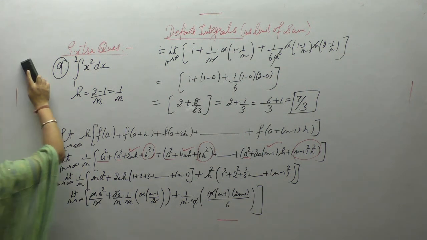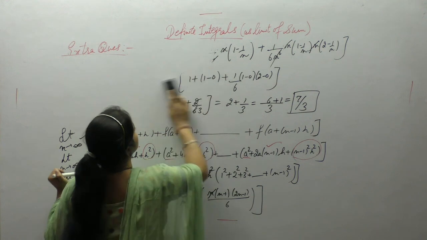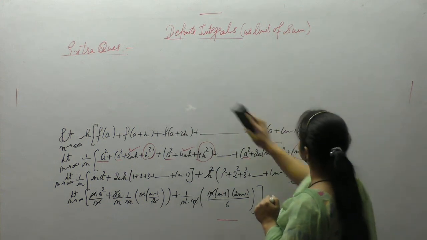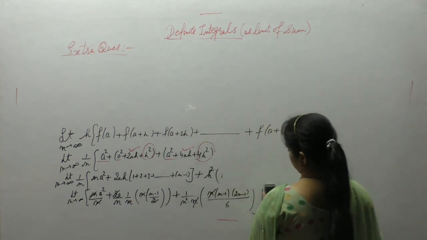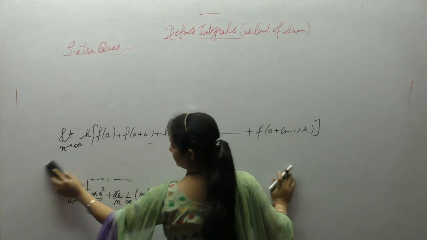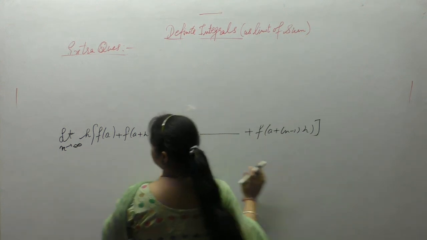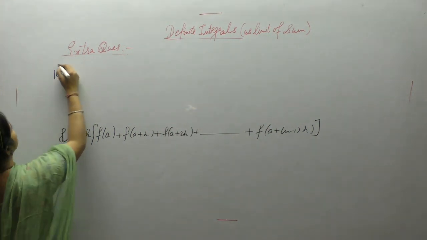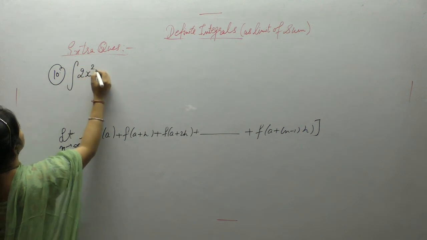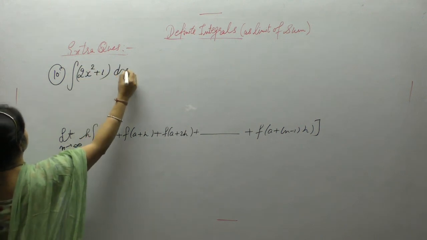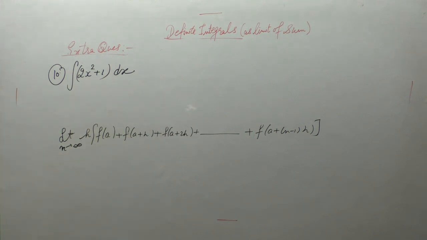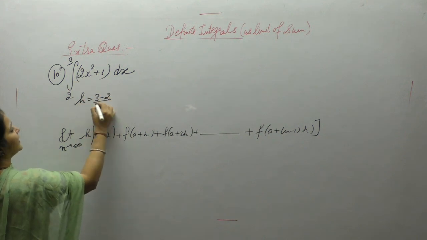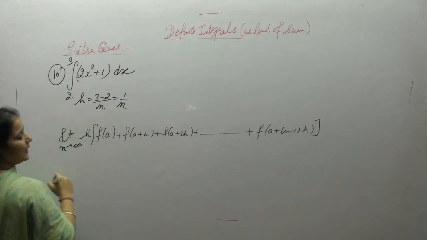Next one is integral of, limit minus lower limit. So 1 by n.